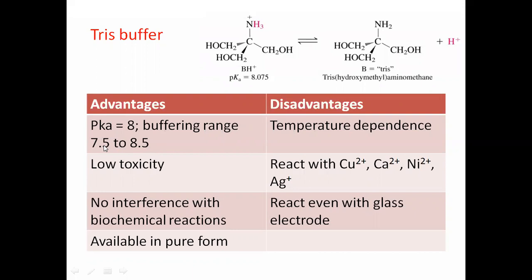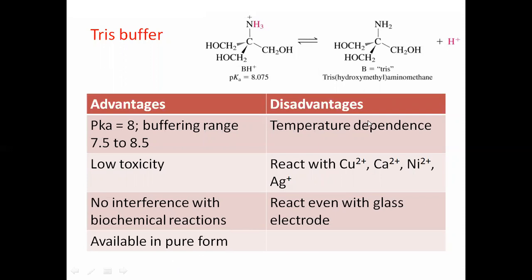There is a vast range of its buffering capacity. Another advantage is that it is of low toxicity, it doesn't interfere with the biochemical reactions, and it is available in the purest form.